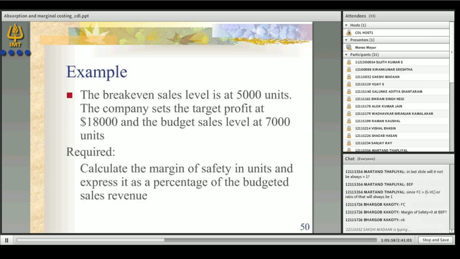So let us take an example. The break-even sales level is at 5,000 units. The company sets the target profit at $18,000 and the budget sales level at 7,000 units. Now you are required to calculate margin of safety in units and express it as a percentage of the budgeted sales revenue.